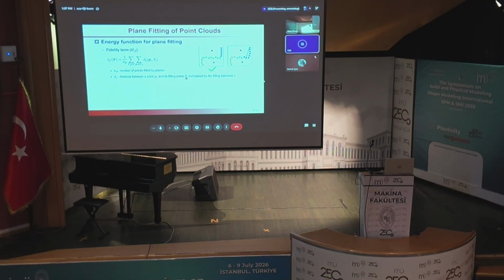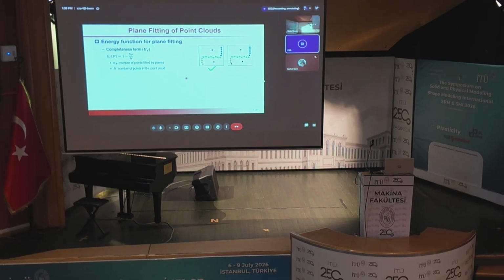A smaller value of this term means the fitting quality is better. For the simplicity term, we measure the ratio between the number of fitting planes and the upper bound. This upper bound can be estimated by assuming that each plane contains at least a prescribed minimum number of points.